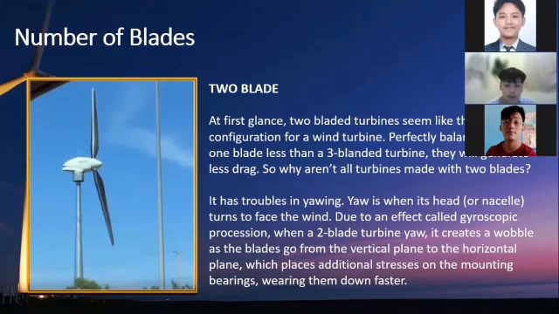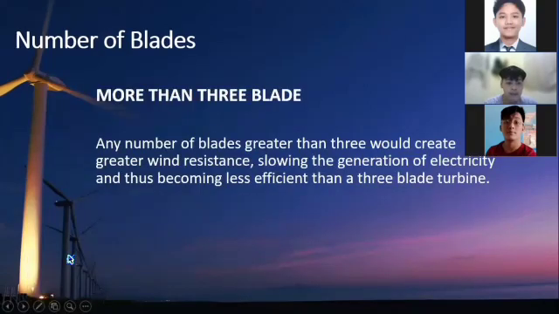When a two-blade turbine yaws, it creates a wobble as the blades go from the vertical plane to the horizontal plane, which places additional stresses on the mounting bearing, wearing them down faster. Next.